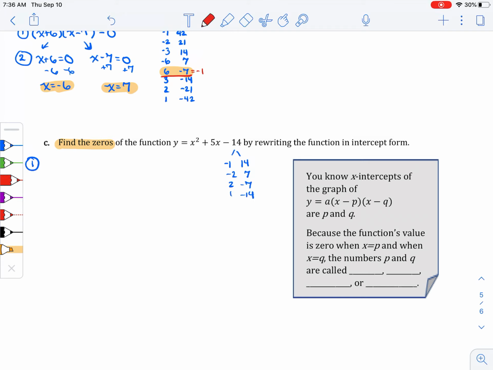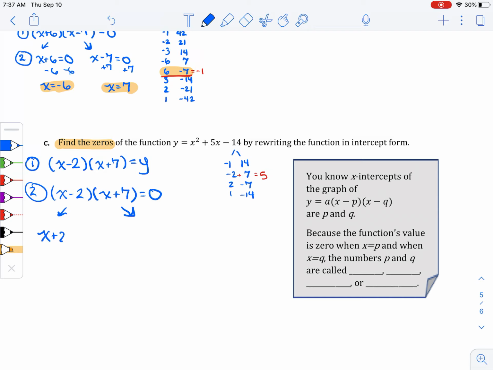I already see my factor. It's 2, negative 7. It's a positive 5. So this will factor to be x minus 2, x plus 7 equals y, because I had y originally. So then my second step is, now instead of y, my x-intercepts happen where y is 0. So setting that equal to 0 allows you to solve for the x then.